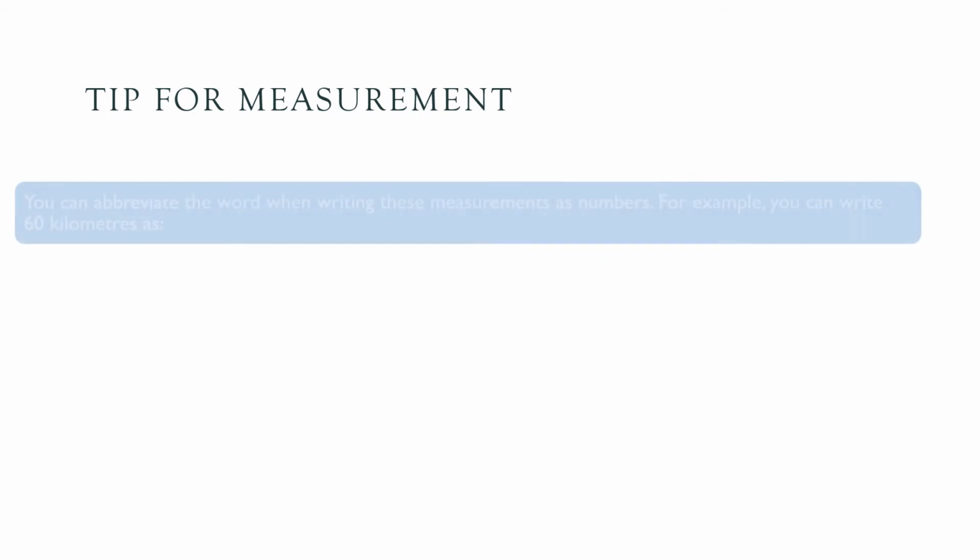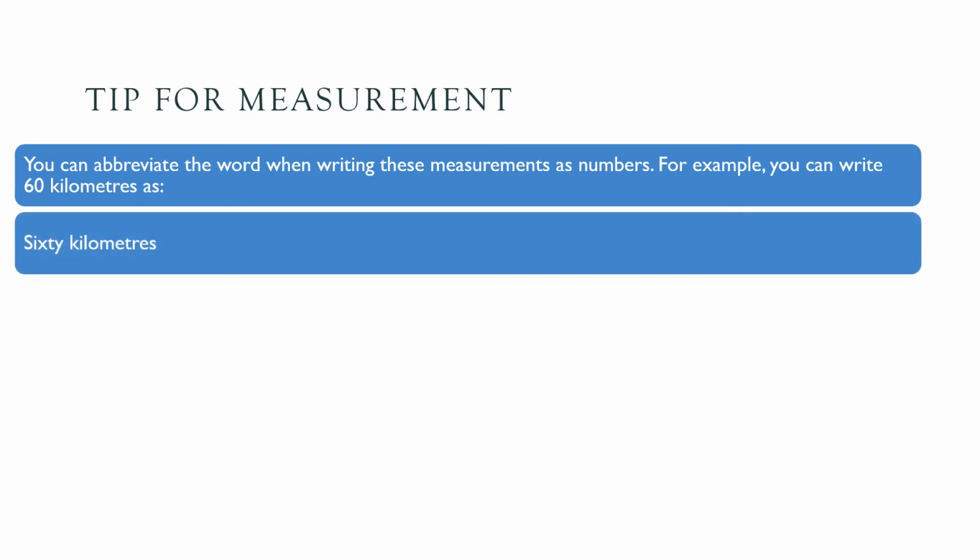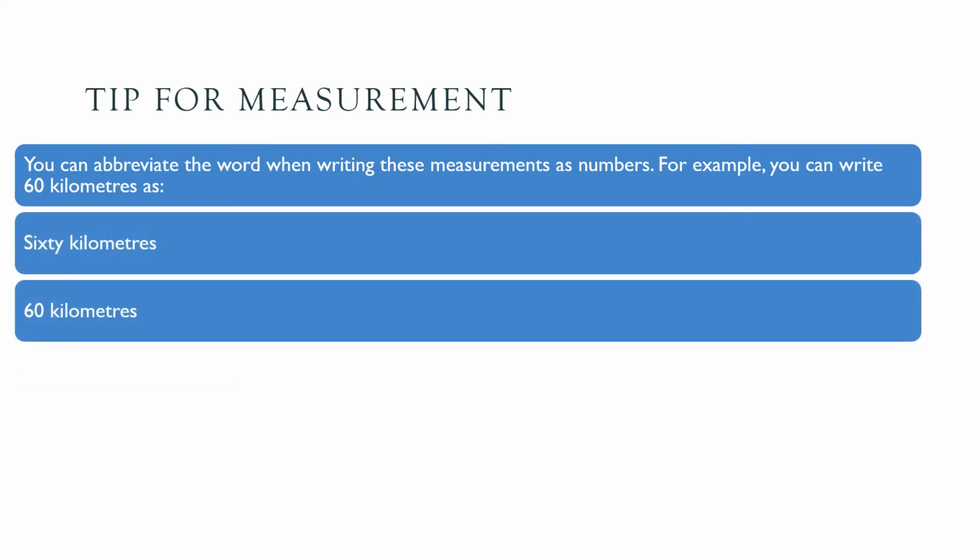Tip for measurement. Measurements are very easy. You will hear them very rarely, but whenever you hear them, you can write either the whole word as kilometers or kilograms, or you can write the short forms, the abbreviations, as 60 km.